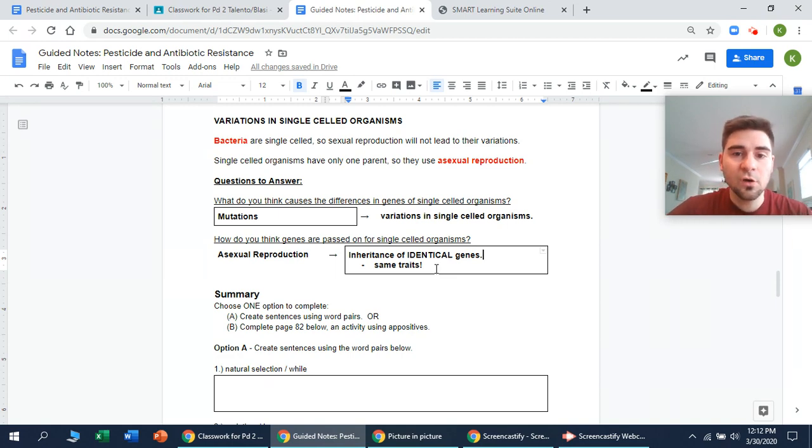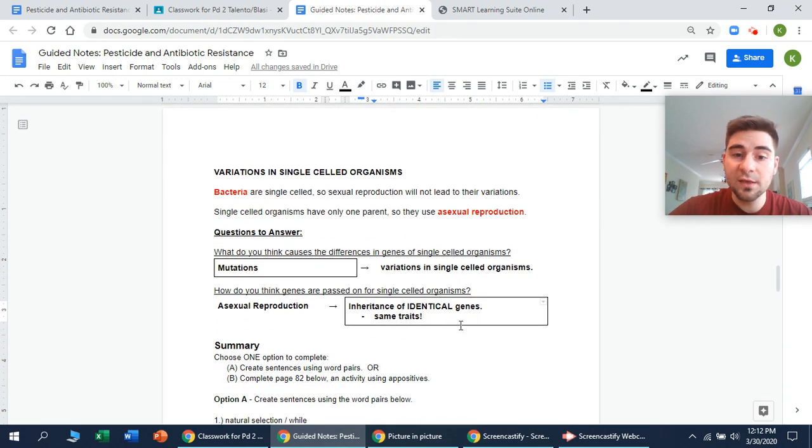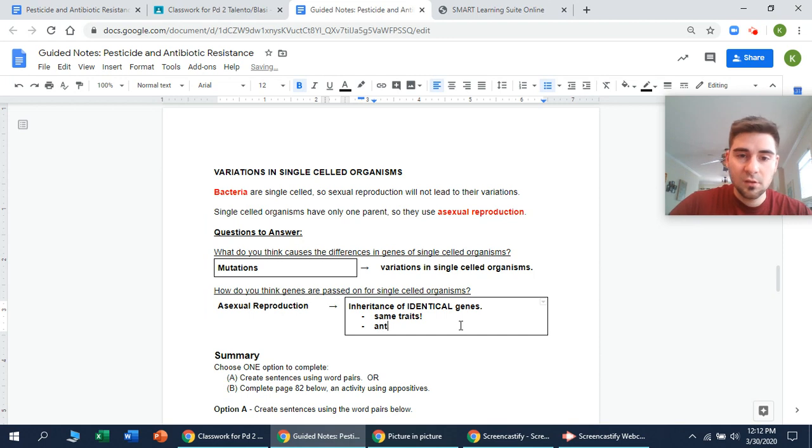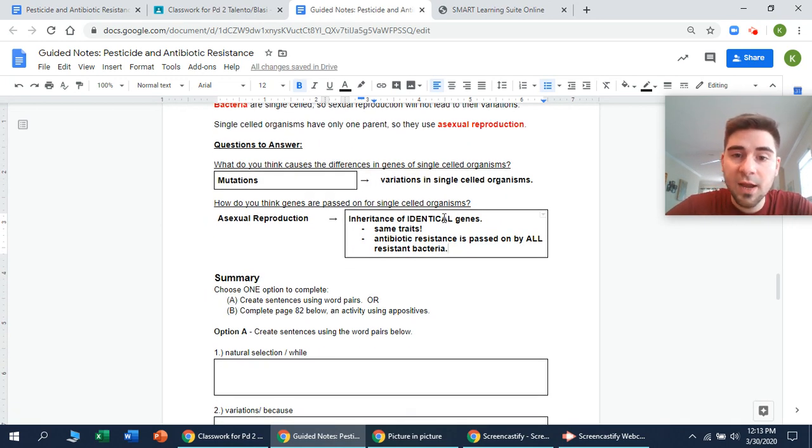Okay? So in this case of antibiotic resistance, since they reproduce asexually, antibiotic resistance is passed on by all resistant bacteria, right? So if you inherit the identical genes, then any bacteria with resistance are going to automatically pass that on.